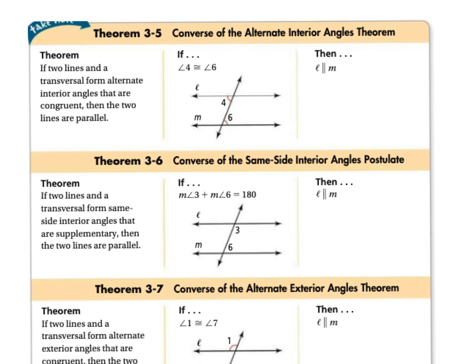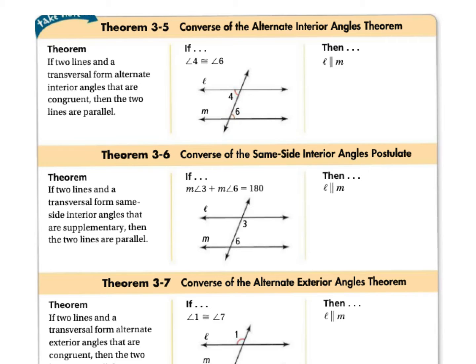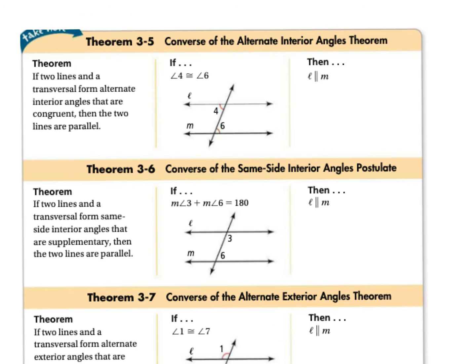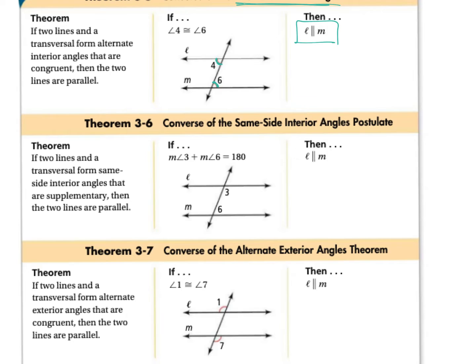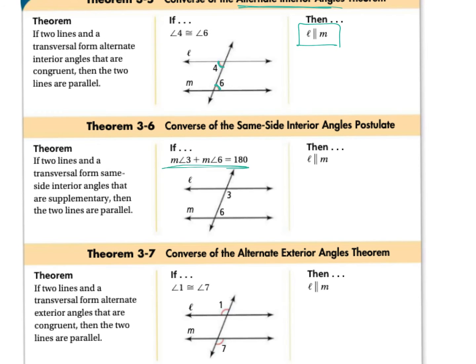Okay, then these three are the other three that we talked about on Friday. The first one, converse of alternate interior angles, says if alternate interiors are congruent, so in other words, if 4 is congruent to 6, then the lines will be parallel. Converse of same side says if they're supplementary, so if 3 and 6 add up to 180, then we know the lines are parallel.